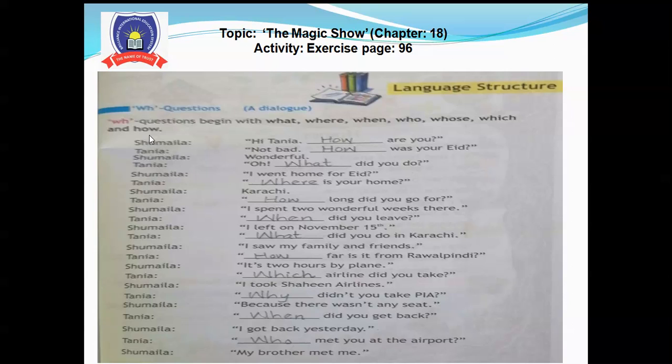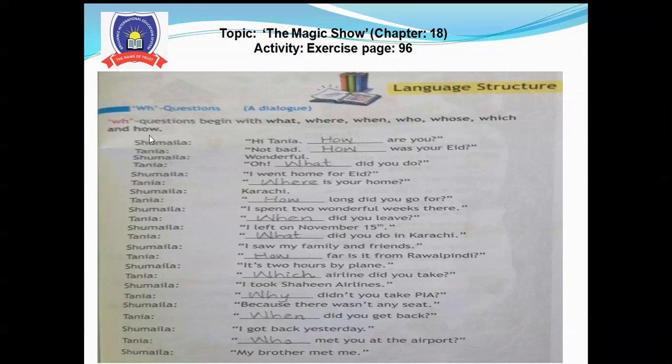WHICH, which airline did you take? Shumaila: I took Shaheen Airlines. Tanya: Why didn't you take PIA? WHY. Shumaila: Because there wasn't any seat.